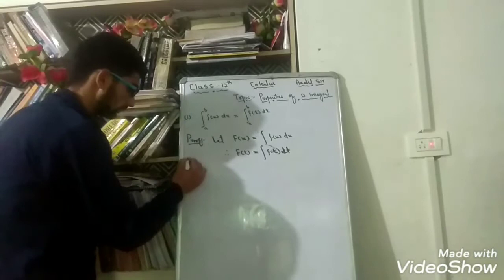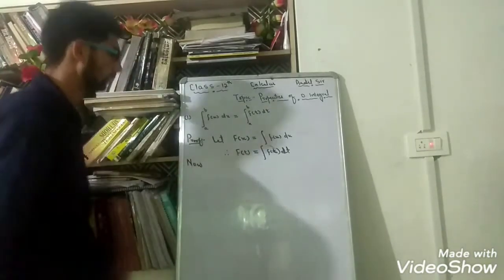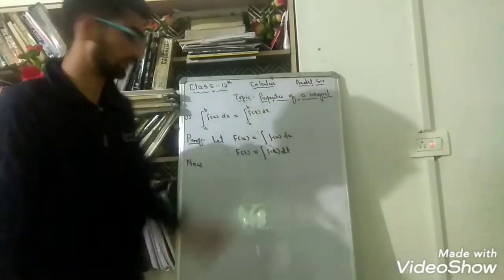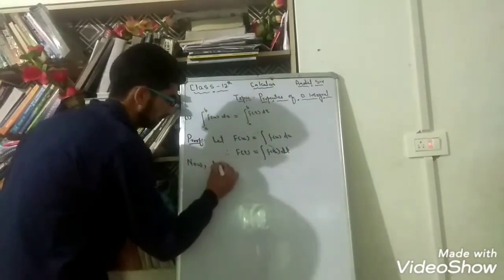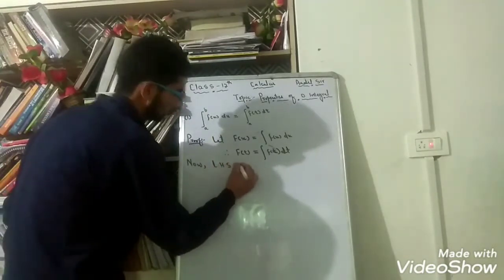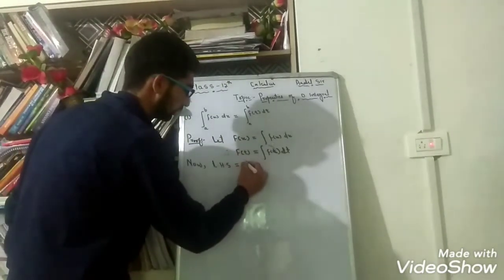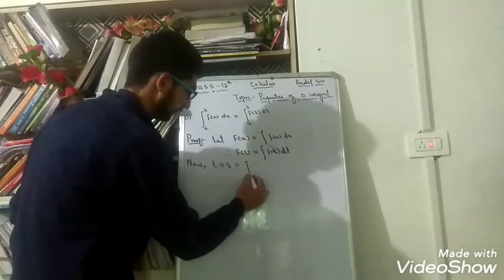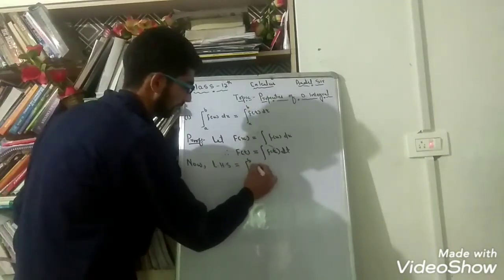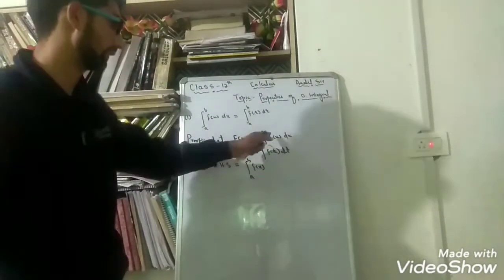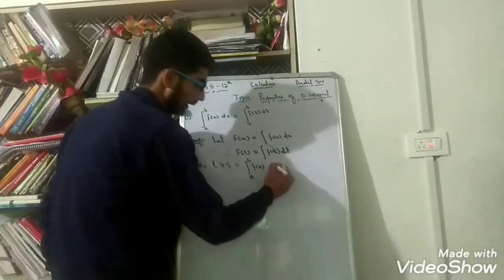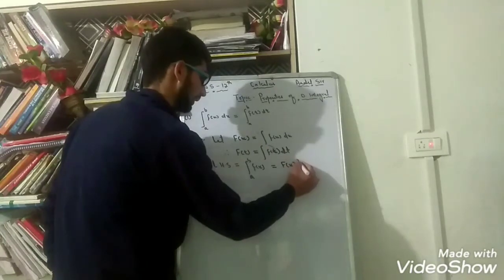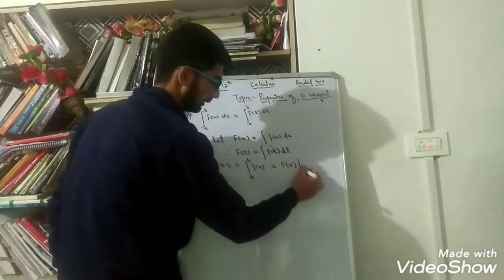Now I have to show this is equal to this, so I will prove my LHS is equal to the RHS. So I will take now LHS, that is integral a to b f of x dx, but we have taken this integral of f of x as F of x, so it will be F of x over the interval a to b.